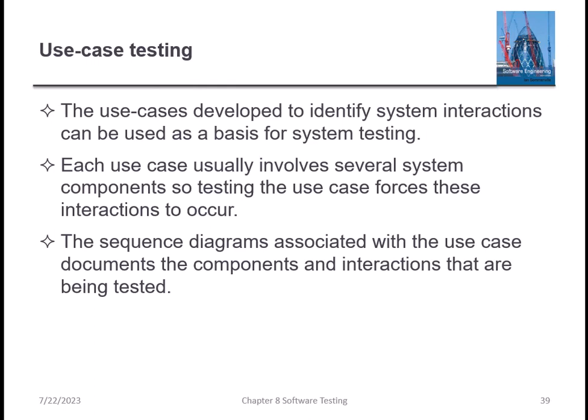So at the end, we can say that use cases show the high-level user requirements or features, and features are comprised of many components, or we can say that a few use cases reflect the whole system, and then we can do the whole system testing using the use cases. Each use case usually involves several system components, so testing the use case forces these interactions to occur. The sequence diagram associated with the use case documents the component interactions that are being tested.